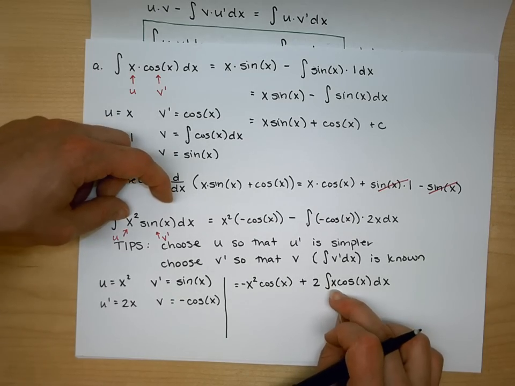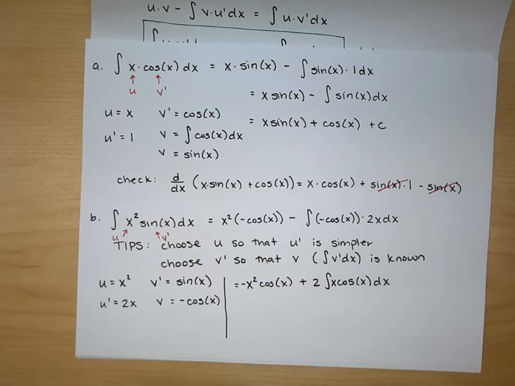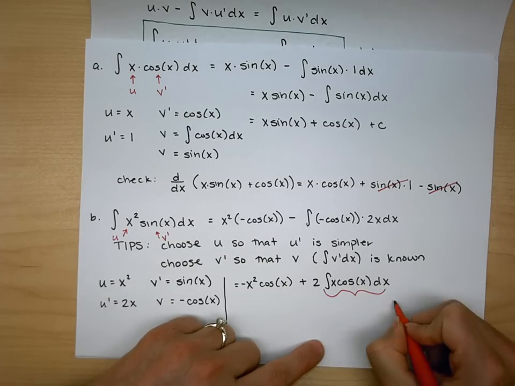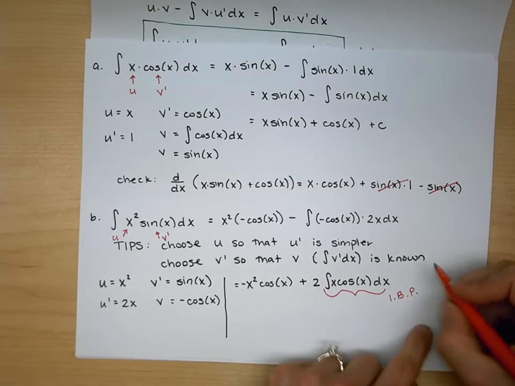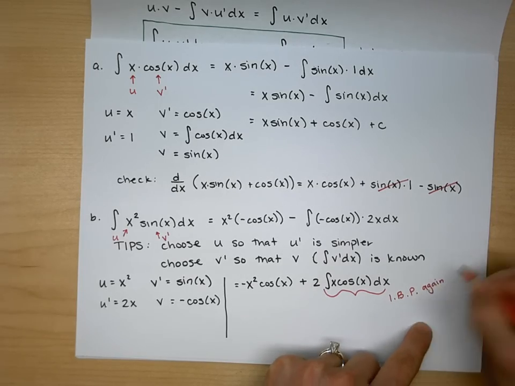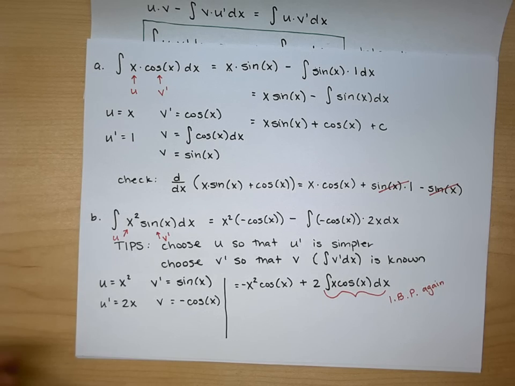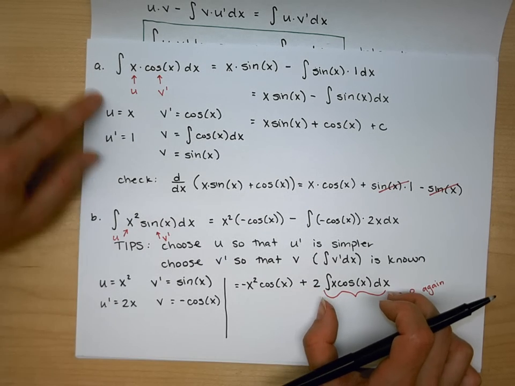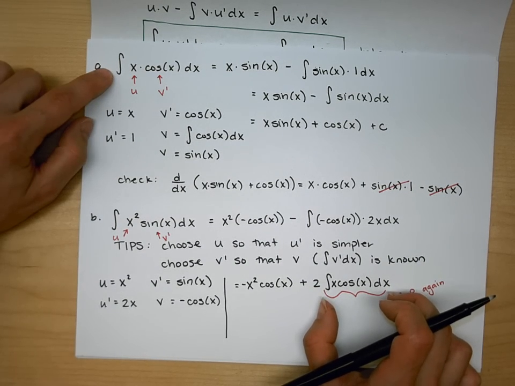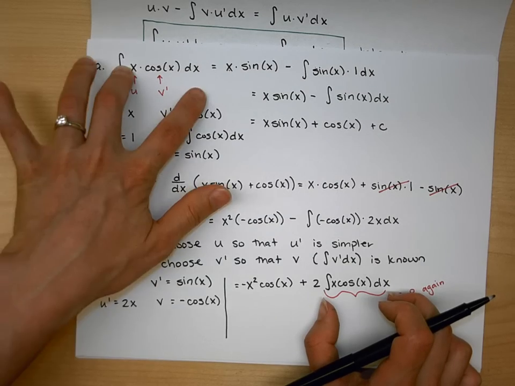So what we're going to have to do is integration by parts one more time, and I'm going to write that as IBP, integration by parts again. But I would like you to notice one thing also, that we've actually already integrated this using integration by parts. That was the one that we just did. So just for the sake of saving time, let's go ahead and jump down to our answer.